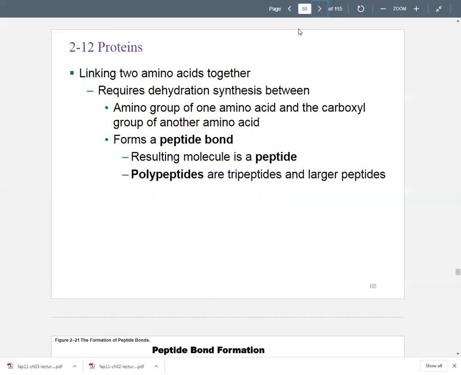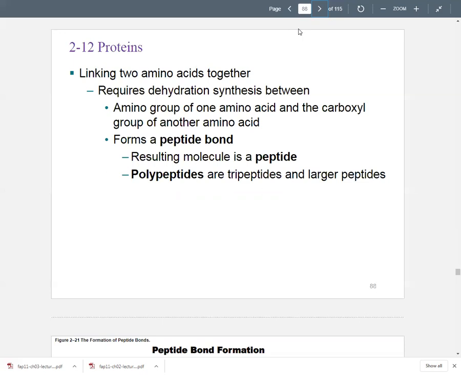Linking amino acids together, creating polymers, requires what process? We learned about this with carbohydrates. What is it? Dehydration synthesis. Same process, just different biomolecule. You're taking the amino group from one amino acid and the carboxyl group from another amino acid and creating what we call a peptide bond.